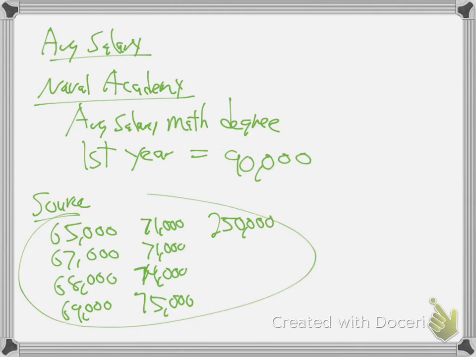There they are. These are the actual salaries. Of them, how many? Is that 8, 9 people? 9 math degree graduates from the Naval Academy.